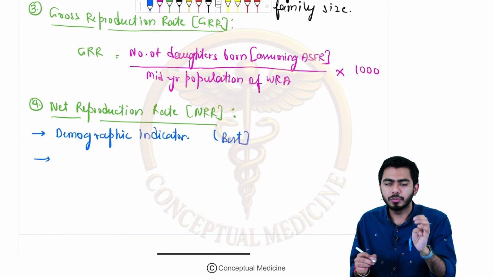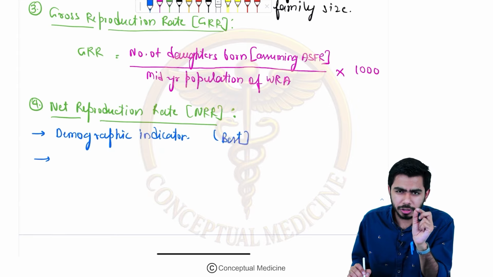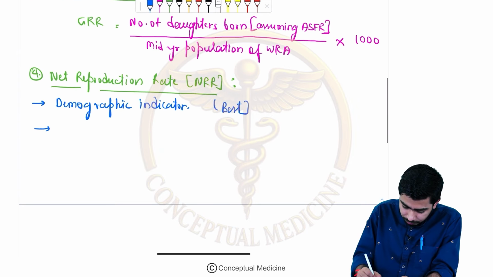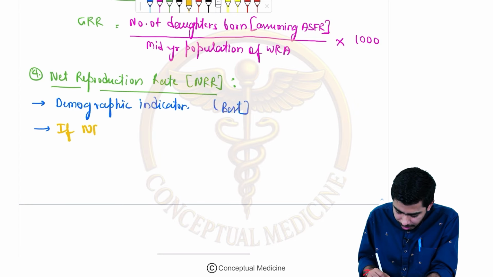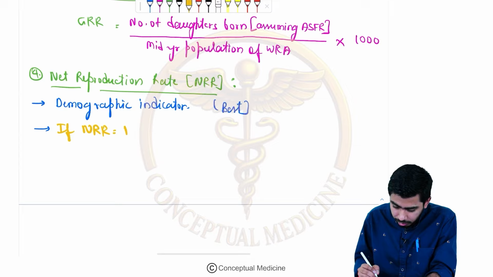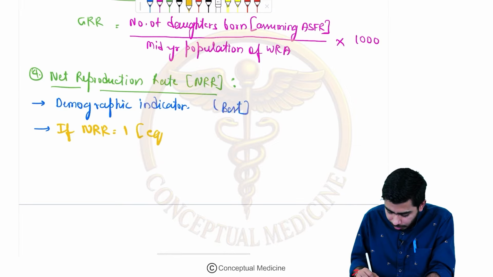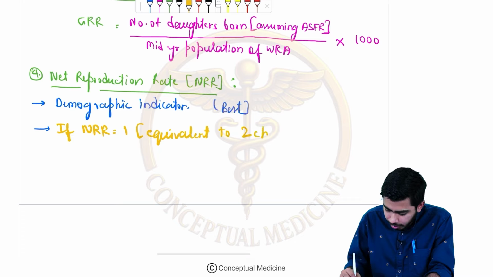One more point over here is, if we talk about the net reproduction rate, if I am saying that the net reproduction rate, or NRR, is 1, that means it is equivalent to the two child norm.